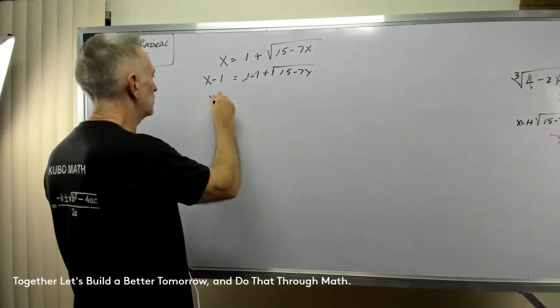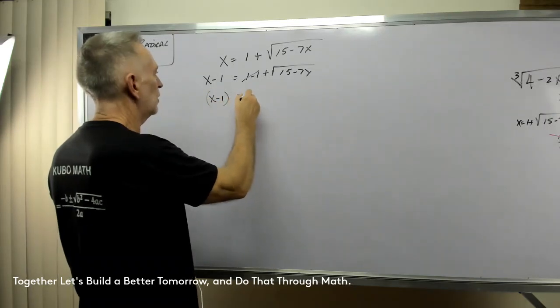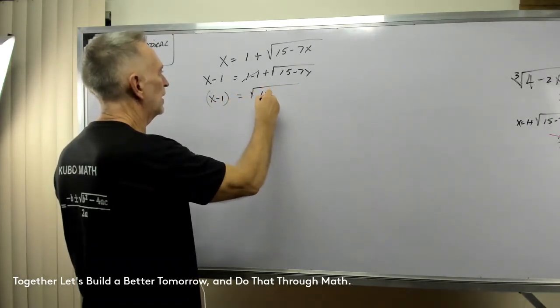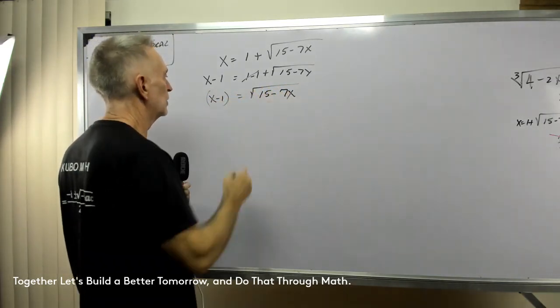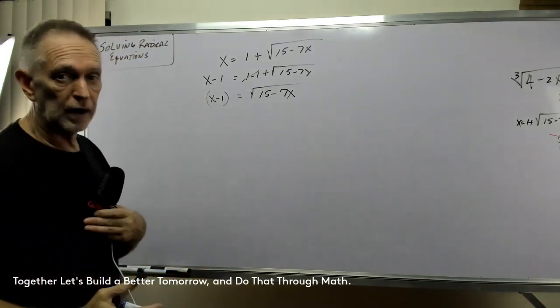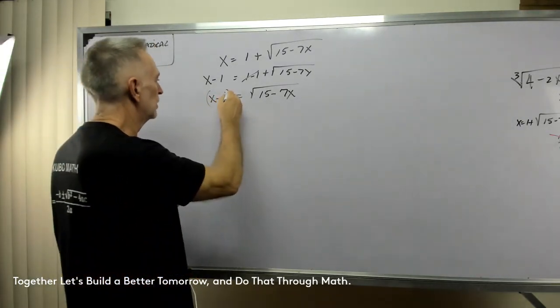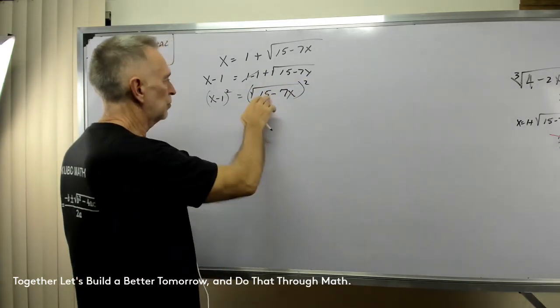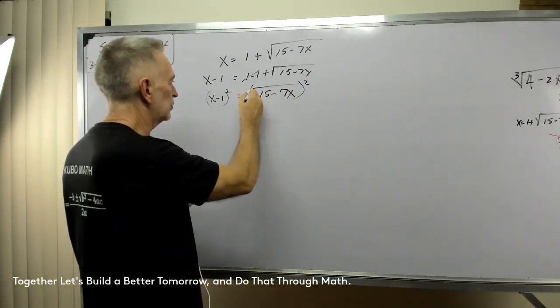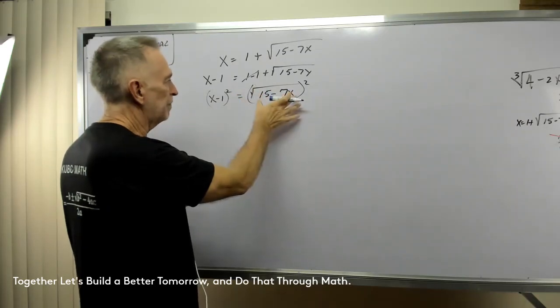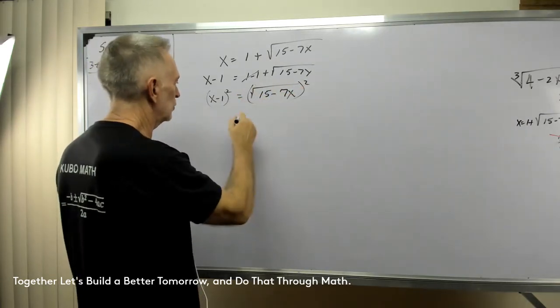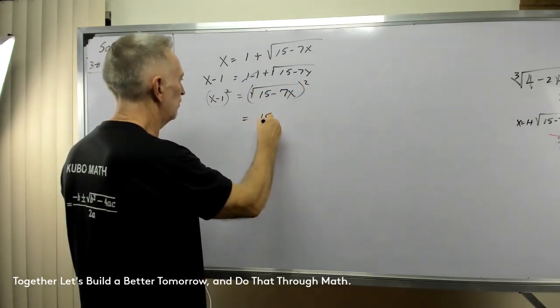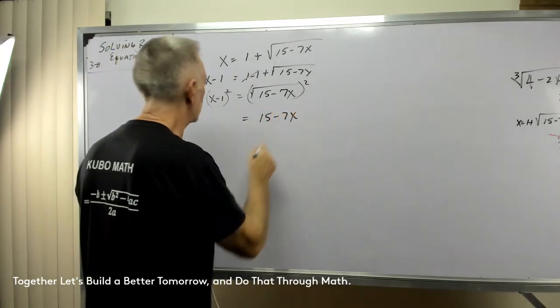I would have x minus 1 equals square root of 15 minus 7x. I then would square both sides. Same as before, if we square this, because it's to the 1/2 power, we square that, the radical sign goes away. We end up with 15 minus 7x.